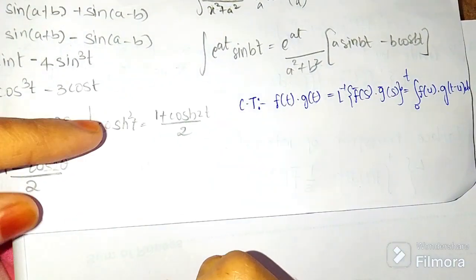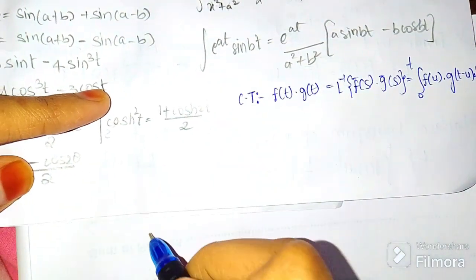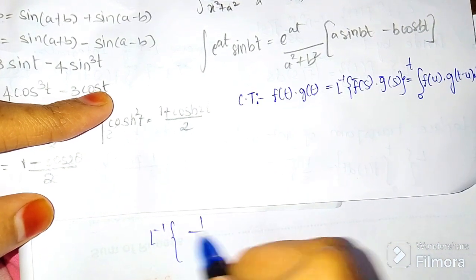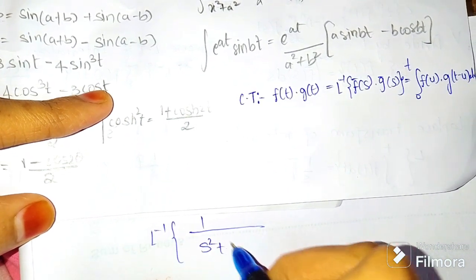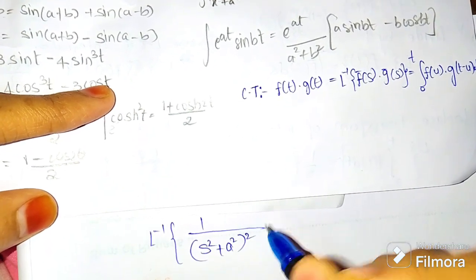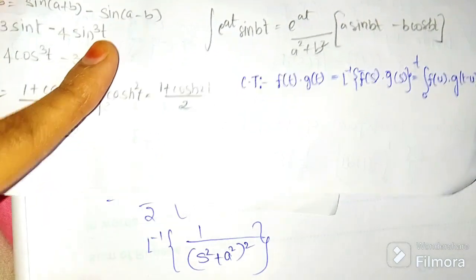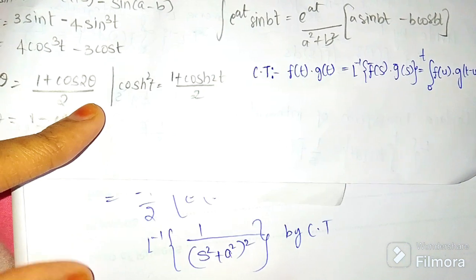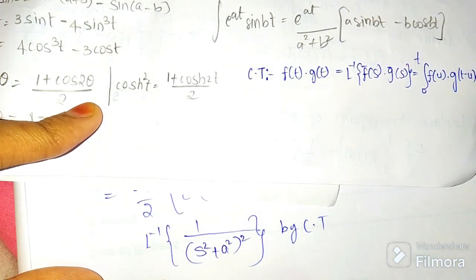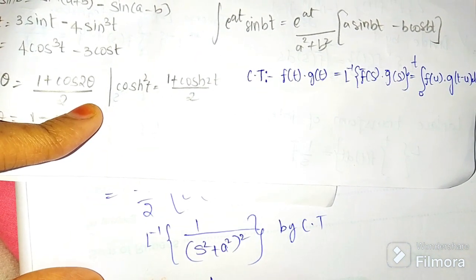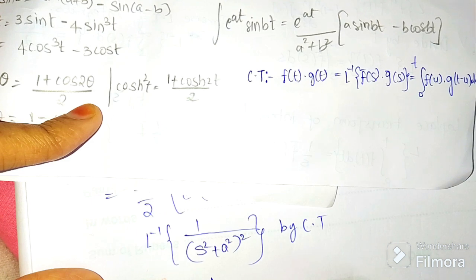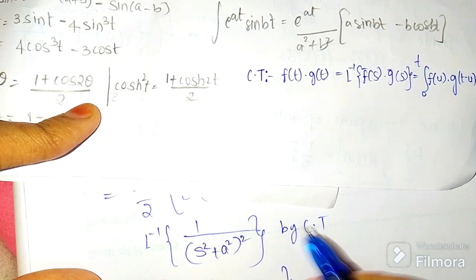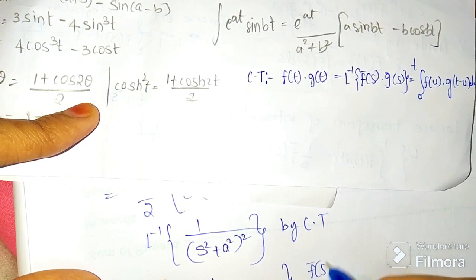Okay. Next we have question, Laplace inverse of 1 by s square plus a square whole square. So now we need to construct by convolution theorem. So in this case we need f bar of s and g bar of s, no? So we need two terms in denominator. So now what is my f bar of s?